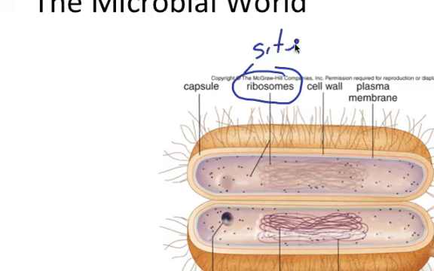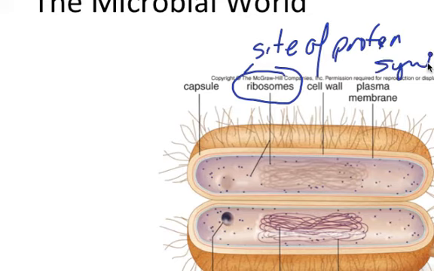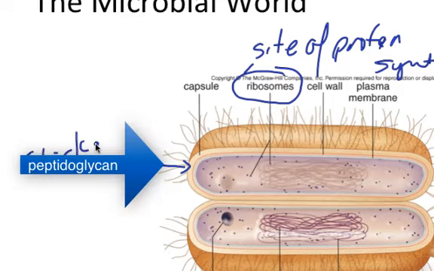So they will also have the same function, protein synthesis. Ribosomes, regardless of whether they're in bacteria or eukaryotic cells, have the same job of synthesizing proteins. Many of them will also have this capsule, which can be kind of sticky, and the capsule is going to have a particular protein, a peptidoglycan.